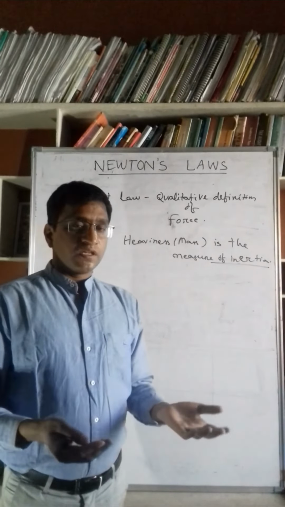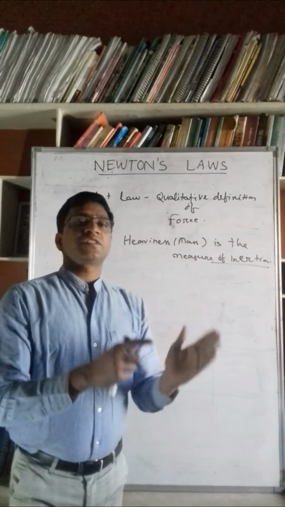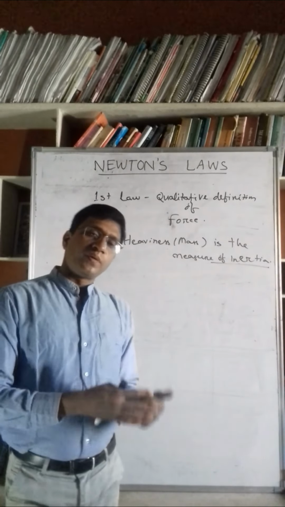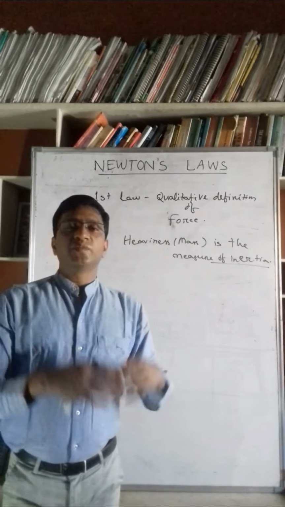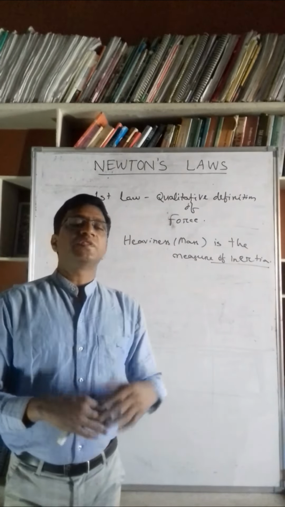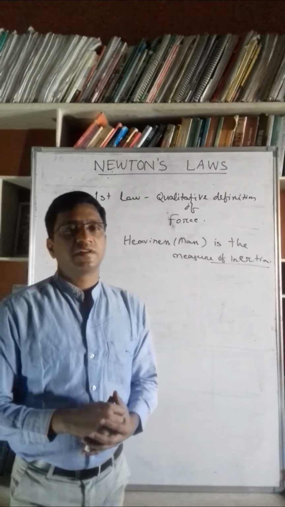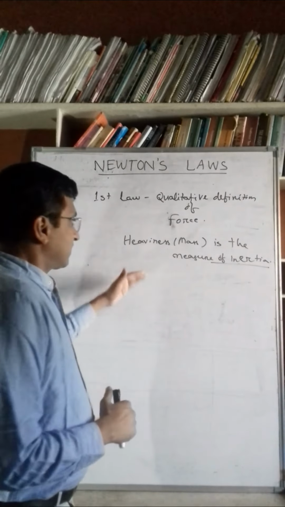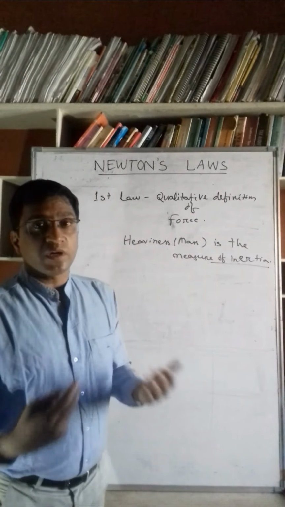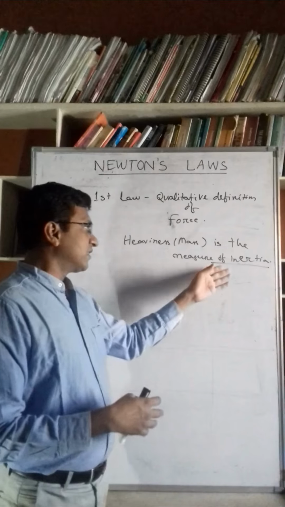Newton's first law states that a rest body continues to be at rest and a moving body continues to be in motion, in a particular direction without changing the velocity, that means in uniform motion, unless and until it is compelled by some external force. And in this case, we came to know about an important property of objects, that is inertia.